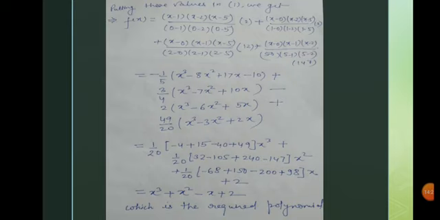(x minus 1)(x minus 2)(x minus 5) upon (0 minus 1)(0 minus 2)(0 minus 5) into 2. And in the same manner the second term is (x minus 0)(x minus 2)(x minus 5) upon (1 minus 0)(1 minus 2)(1 minus 5) into 3.